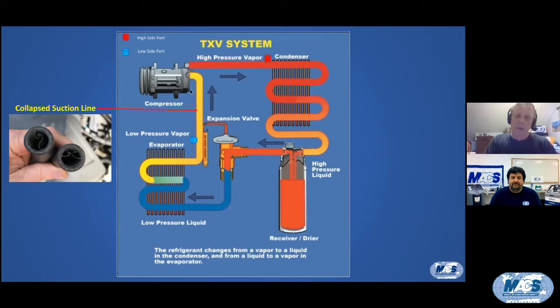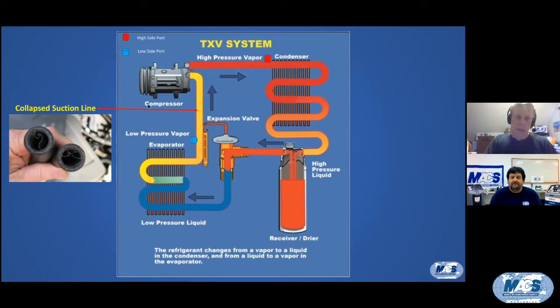If he'd had a low-side service port here at the compressor, he could have taken a pressure reading, and where he was seeing 60 or 65 or so here coming out of the evaporator, it probably would have been maybe 10 or less than that. So that would have indicated that he had a restriction. So that's where he utilized temperature testing to locate a restriction.